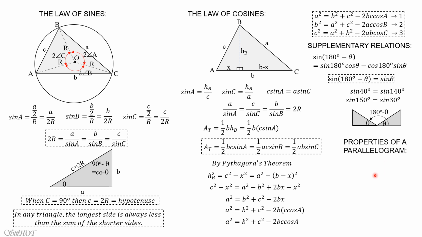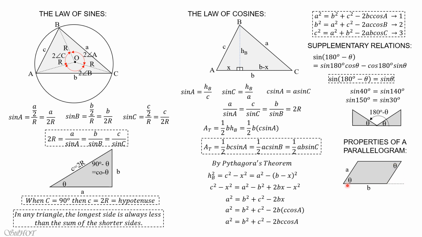Properties of a parallelogram. I'll discuss this first because this is important in the study of forces later on. So we have a parallelogram, no? Remember? One axiom of mechanics. If this is the parallelogram with dimensions A and B, then opposite angles are equal definitely. So this angle here is equal to that angle there.